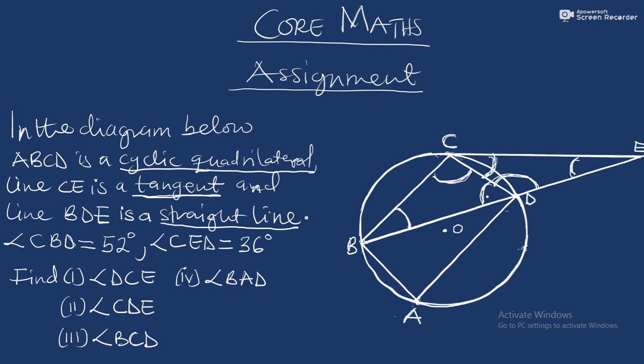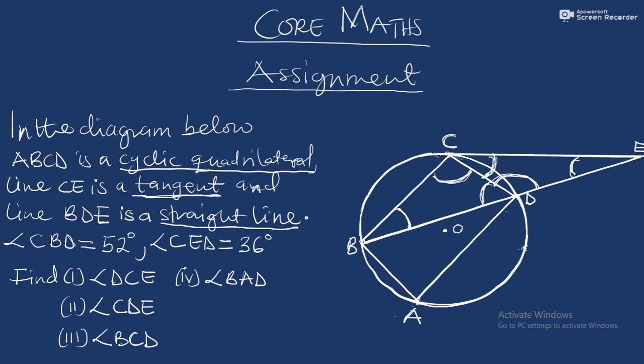Now let's move on to the last one, that is IV. We have here angle BAD, so we are to find angle BAD. Good. Now, looking at our diagram, we were even told that we have a cyclic quadrilateral in it, which is ABCD.